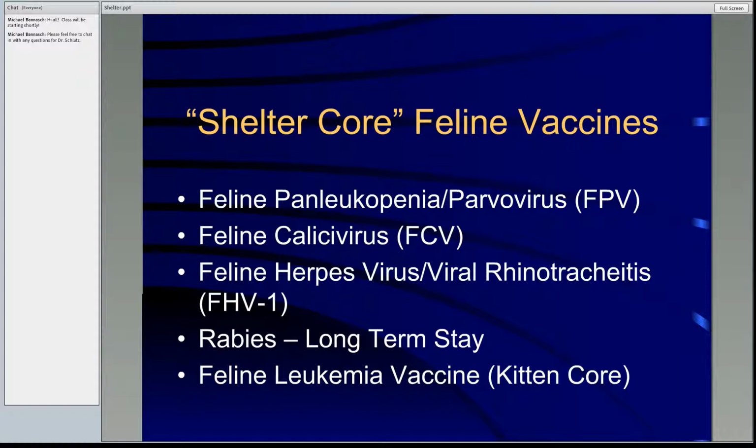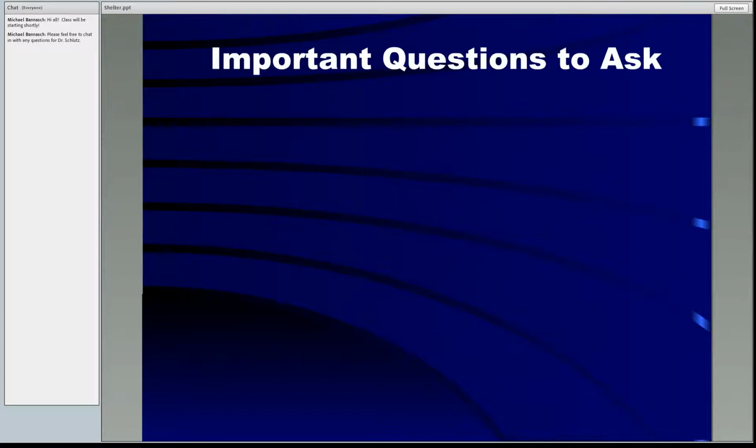And that does require 2 doses be given 2 to 6 weeks apart. And this would provide a tremendous advantage to that particular kitten, both in that shelter environment as well as once it gets out of that environment, to not really develop persistent viremia as a result of being infected with FeLV. So those are the core feline vaccines.